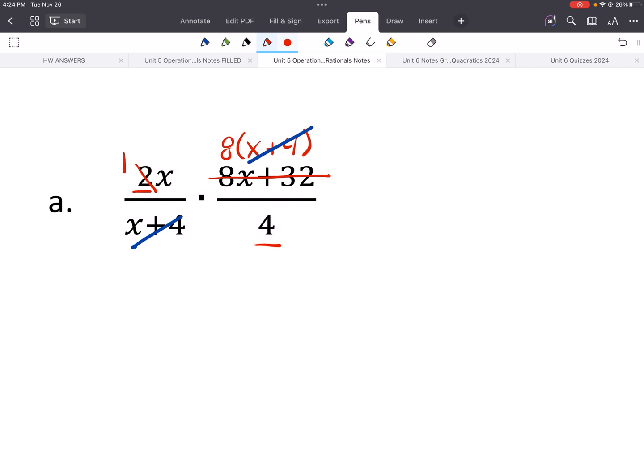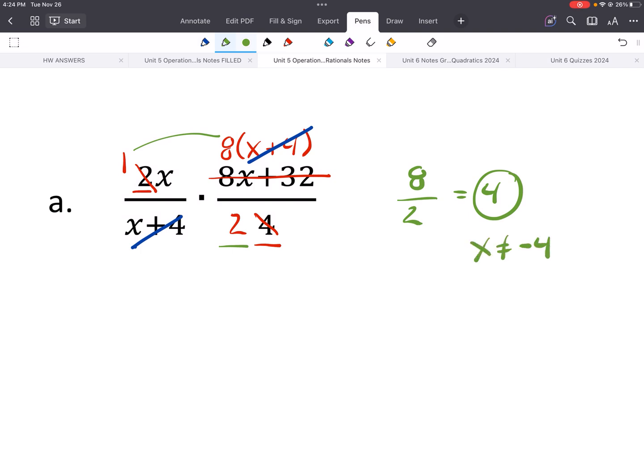So this could give us 1, and this would give us 2. Okay, so now we can just multiply across. So 1 times 8 would just give us 8. And I think all we have on the bottom is 2. So here we'd end up getting 4. And our excluded values, x cannot be negative 4.